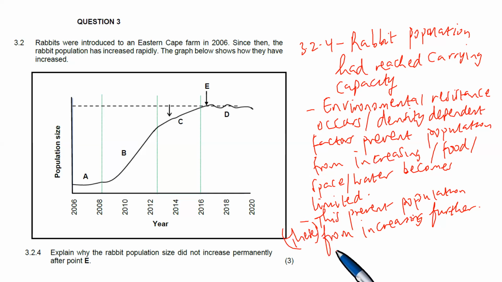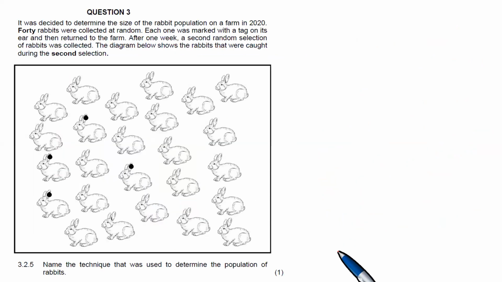Let's look at the next question. Right. About population. Okay, the rabbits are there already, and you can see the population is beginning to increase very tremendously. It was decided to determine the size of the rabbit population on a farm in 2020. 40 rabbits were collected at random.